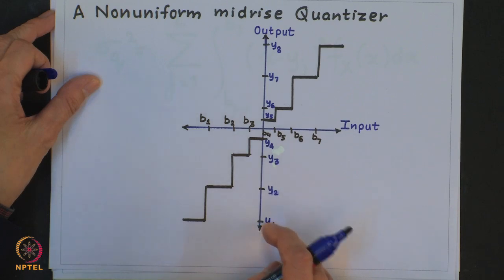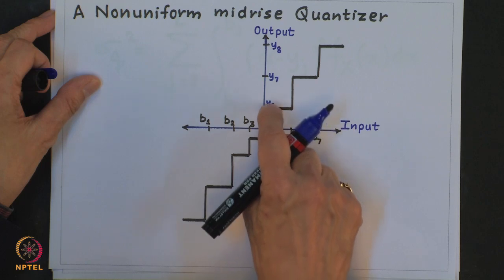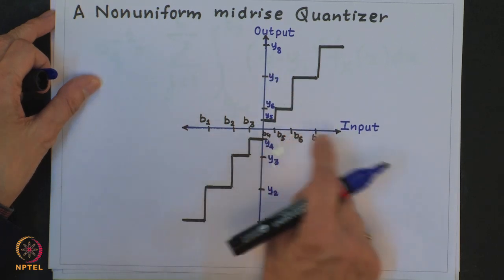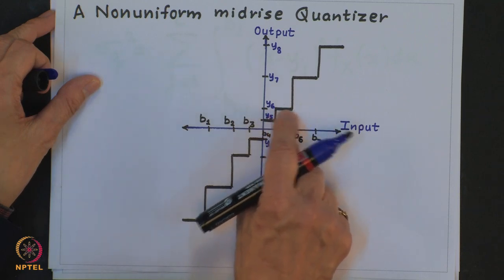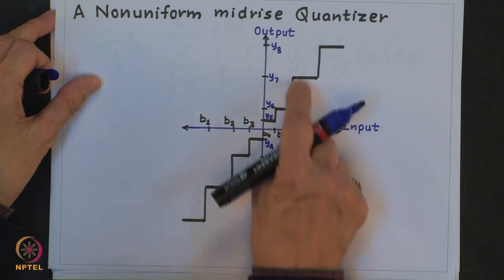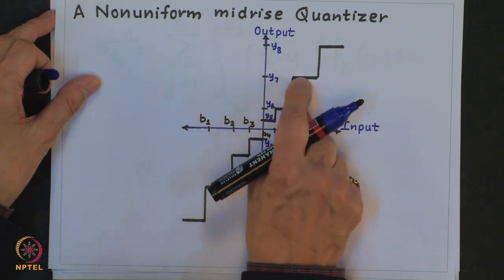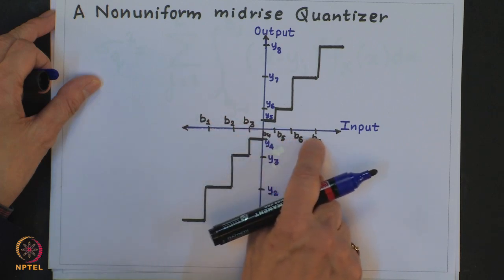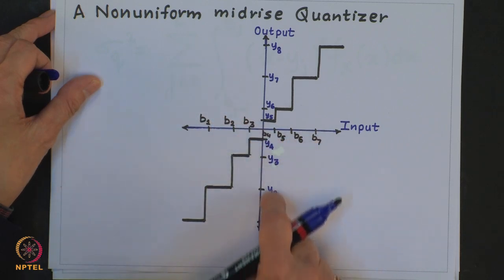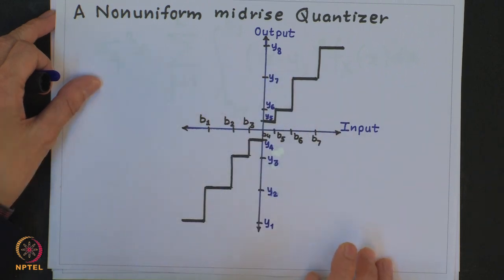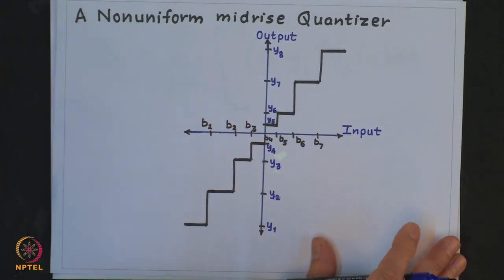Your reconstruction levels have been shown here: Y1, Y2, Y3, Y4, Y5, Y6. So anything lying between B5 and B6 would be given the reconstruction value of Y6. Similarly, between B6 and B7 would be given the reconstruction value of Y7. So our problem is basically to determine these decision boundary points and these reconstruction levels. So we solve this problem.